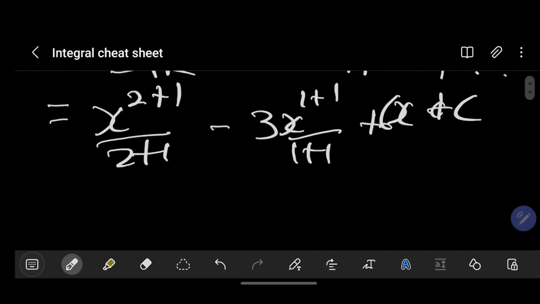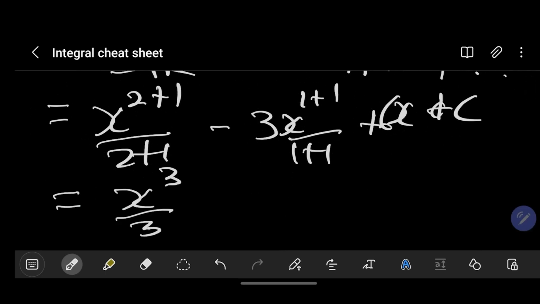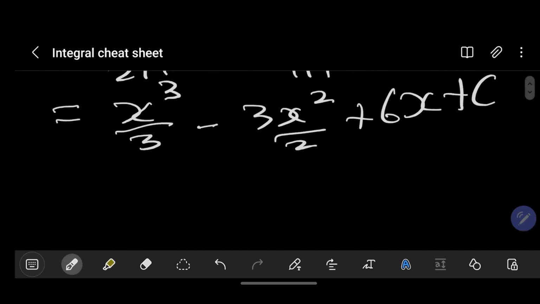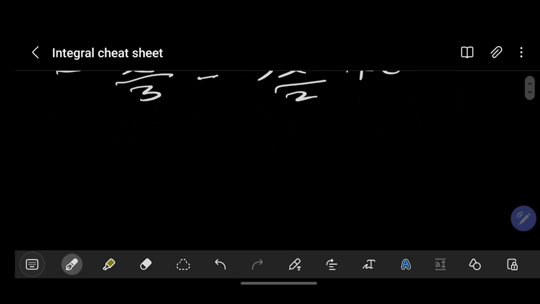Okay, and if we were to simplify this, this is x cubed over 3 minus 3x squared over 2 plus 6x plus c. Okay, quite simple, right? So let's look at another example.